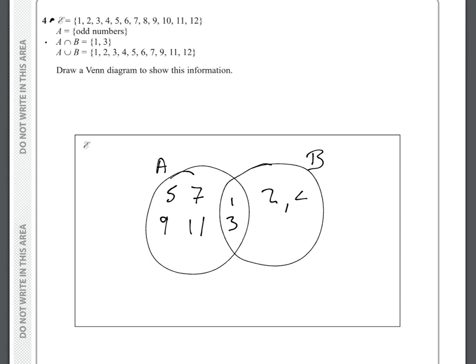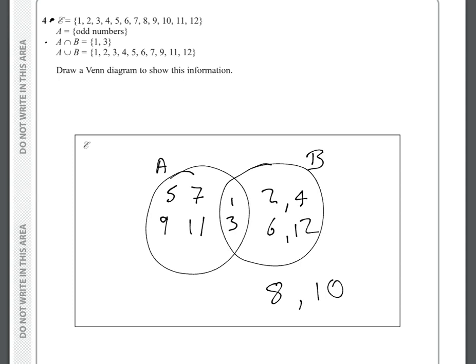There's also 4 in there. 5, 6, 7, no 8, so 8's got to be outside, 9, 10, outside, 11, and 12.